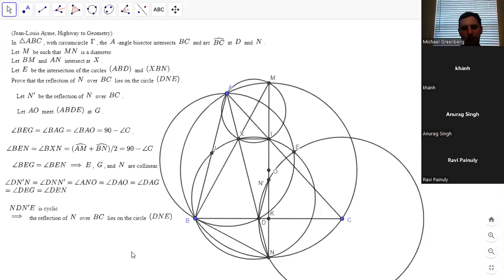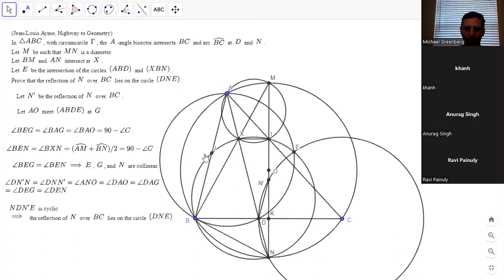My claim is that I will prove that quadrilateral EIXJ is similar to EN prime DN. And then because we have XI equals XJ, this is easy to see. XI is equal to XJ, because this is an angle bisector.